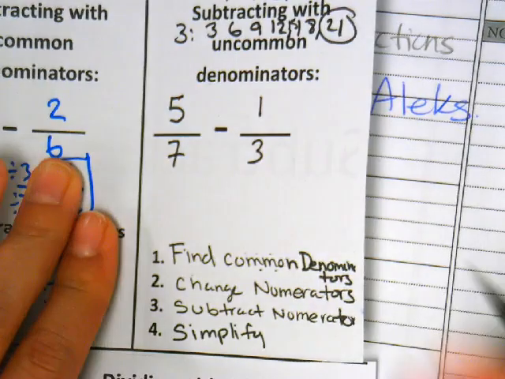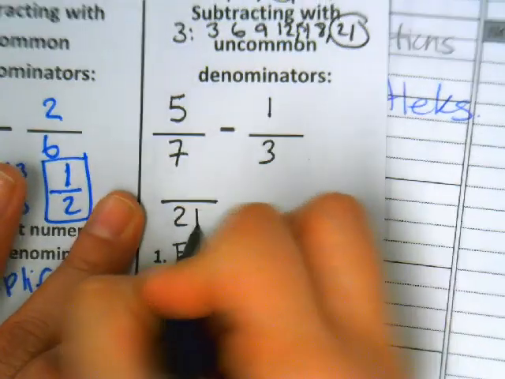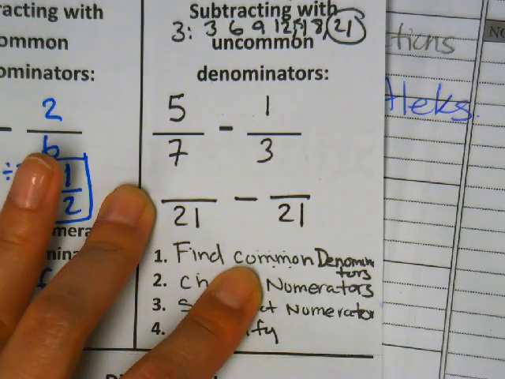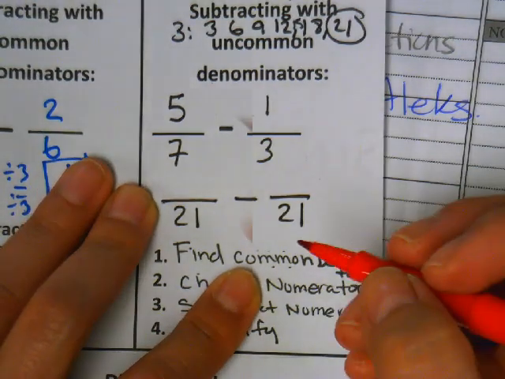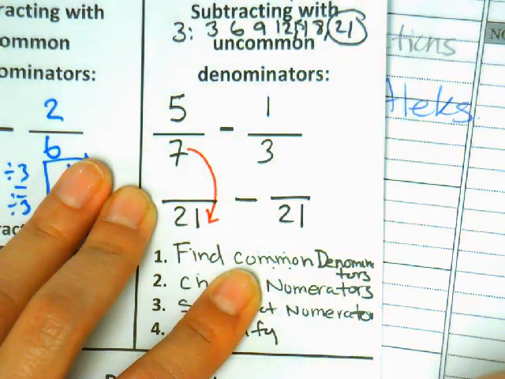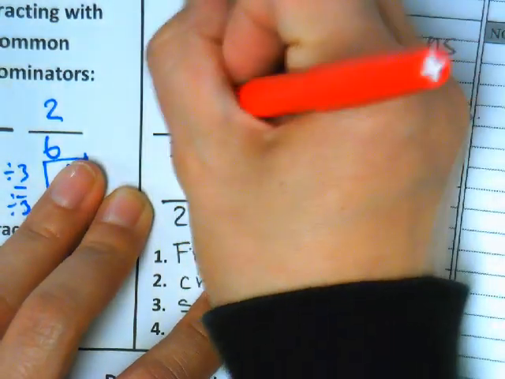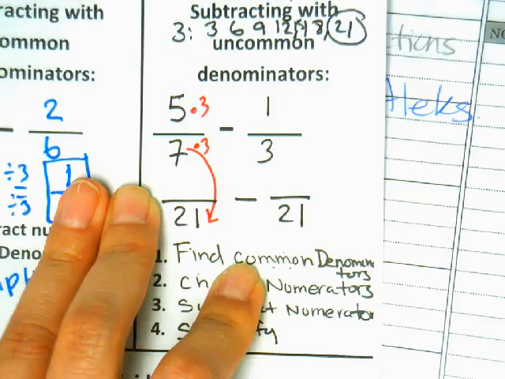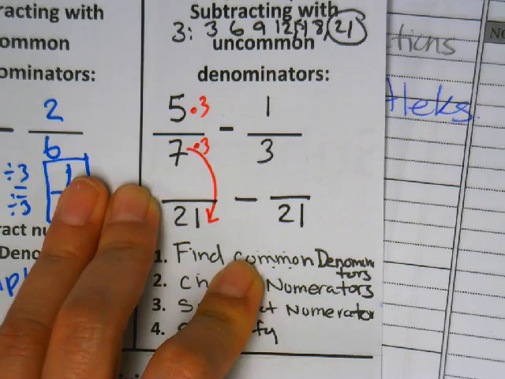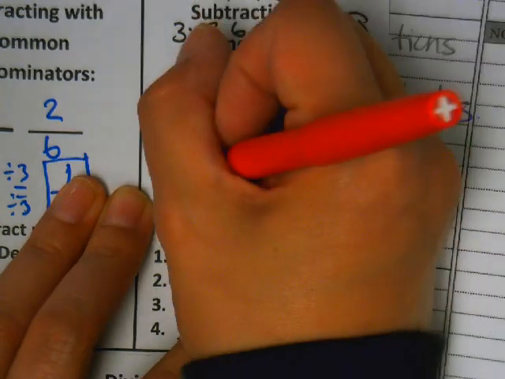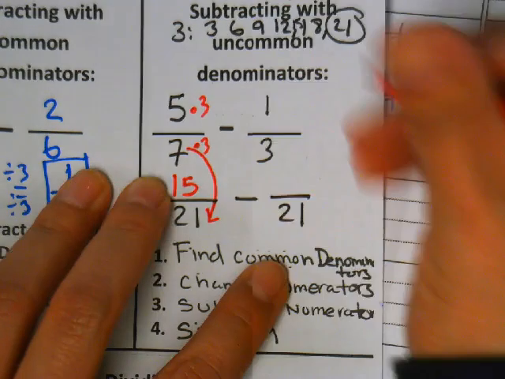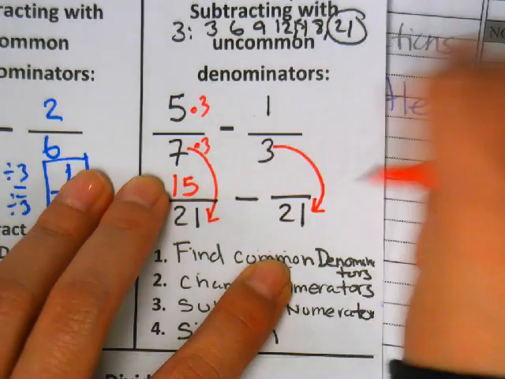All right. So 21 minus 21, right? Then you ask yourself, 7 times what is 21? 3. Good. So put a little times 3. What's 5 times 3? 15. Then 3 times what is 21? 7.